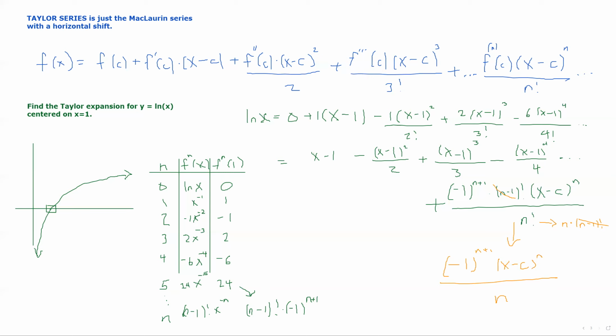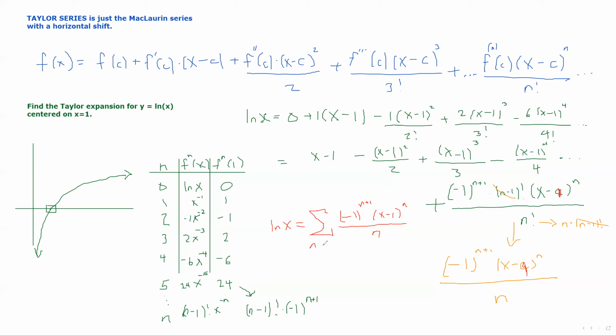So what's the conclusion? ln of x, oh, and x minus c, right, c is 1. So ln of x is equal to, whoops, I need a summation here. Summation of negative 1 to the n plus 1 times x minus 1 to the n over n.